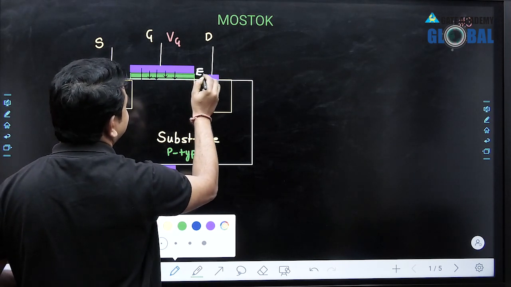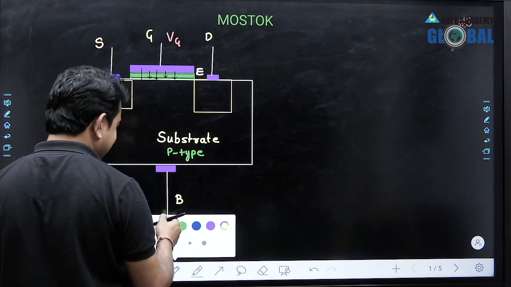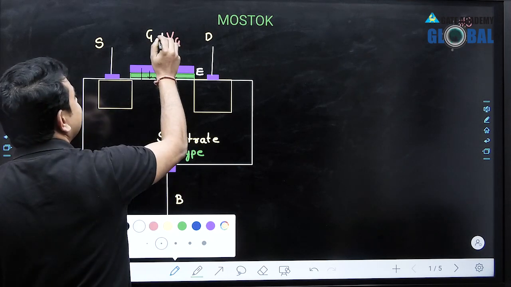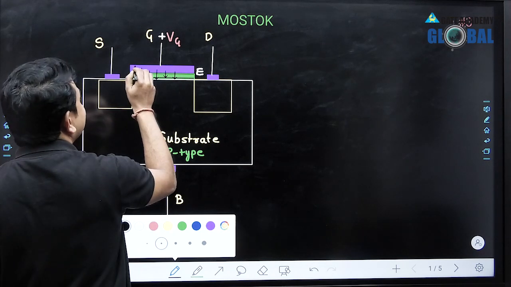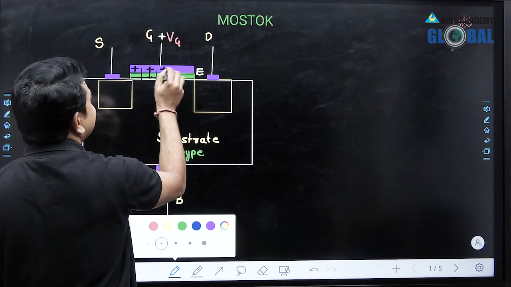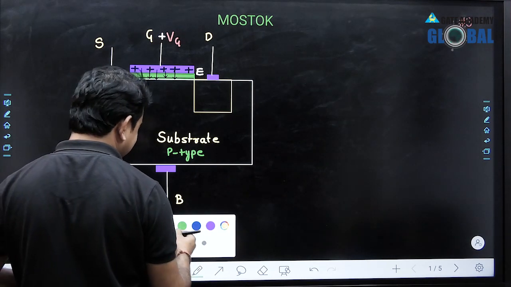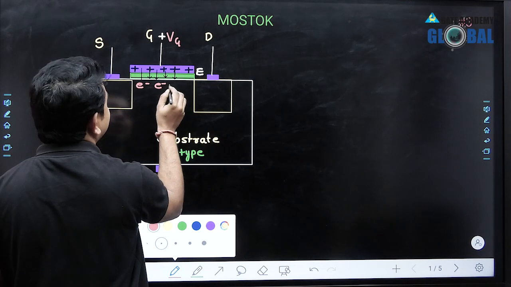This is the direction of the electric field, and of course we have positive charges. If we apply a positive voltage at the gate terminal, we have positive charges on this metal and an equal number of negative charges on the semiconductor side, and those negative charges are nothing but electrons.